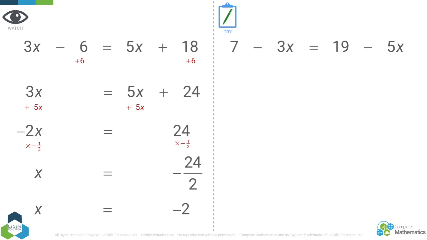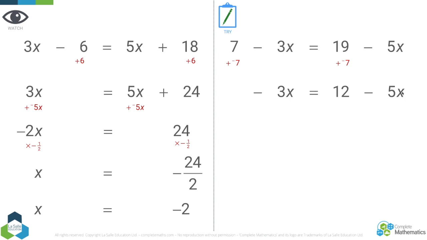So to solve this equation, we would again begin on the left hand side and look to see that we want to isolate 1x, and this one looks slightly different because we have a negative, but if we stick with our procedure, we have a +7 that we want to remove, so we're going to add -7 to both sides, which leaves me -3x equals 12 minus 5x.